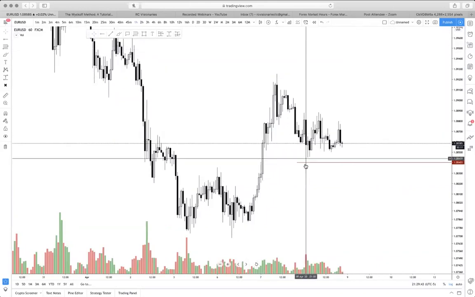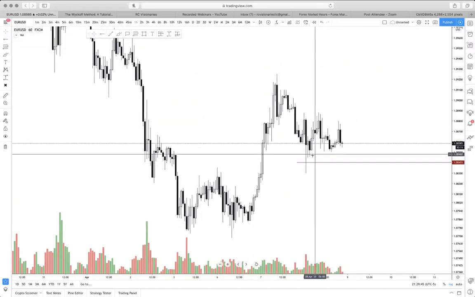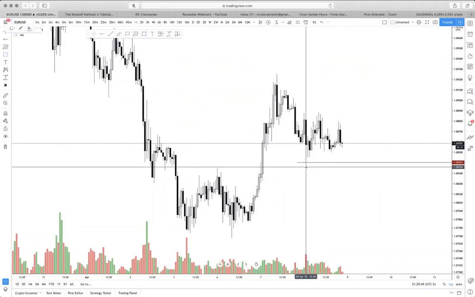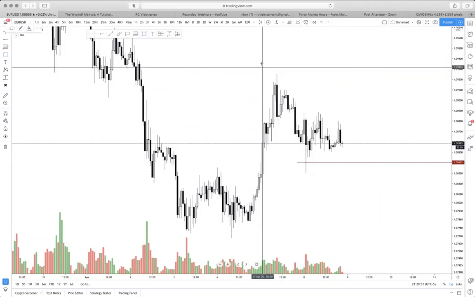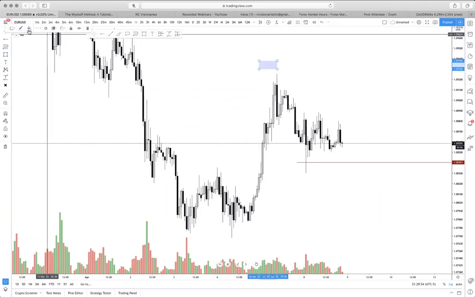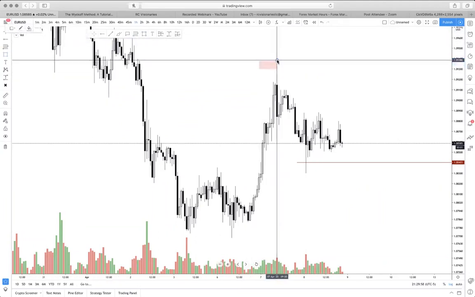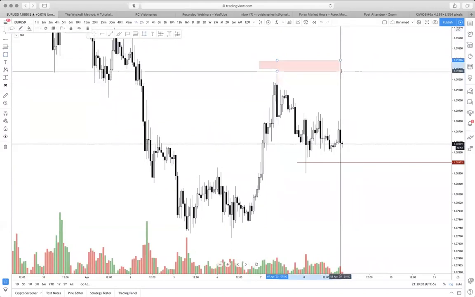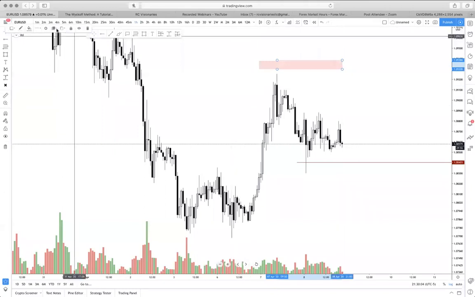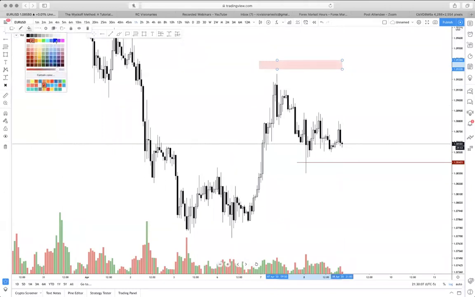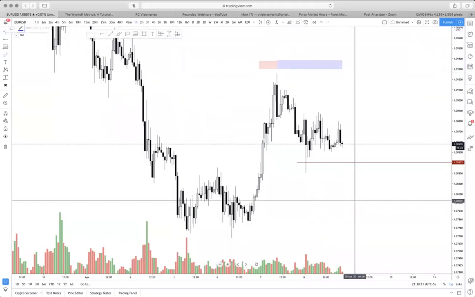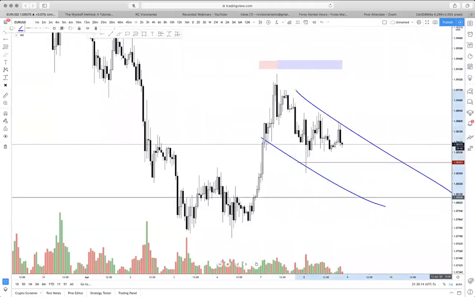The cool thing here is looking at basically here, that's the duration of the upside move, and this is the duration of the downside move so far. So obviously momentum is to the upside, especially due to how corrective this looks.